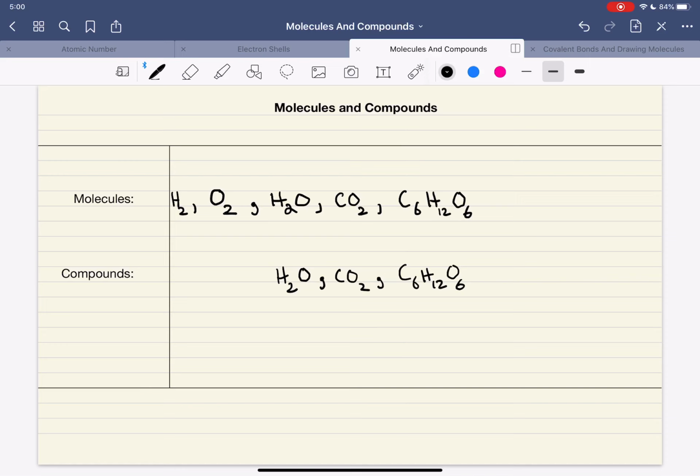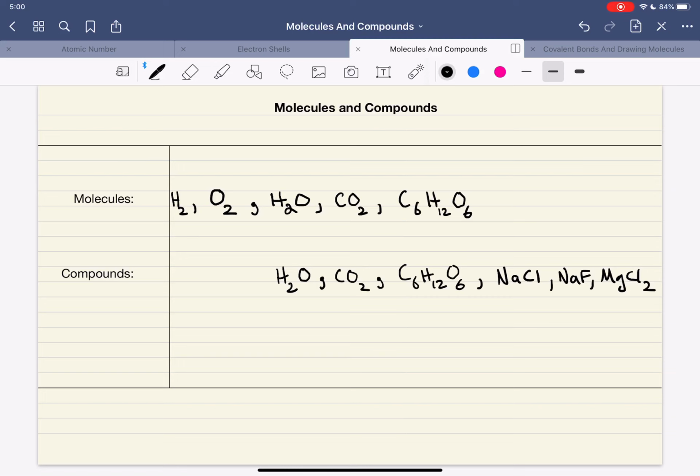But remember, I also said compounds include atoms held together by ionic bonds. So those, as we're going to learn, are salts. So that includes things like table salt, sodium chloride. Just going to give you three examples of salts. Okay, so those are also compounds.